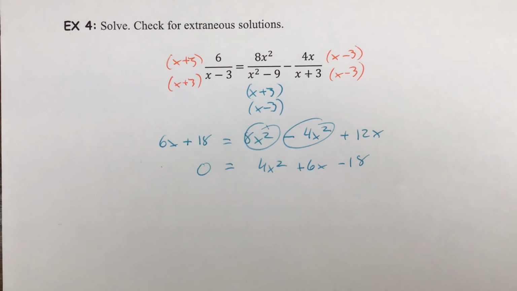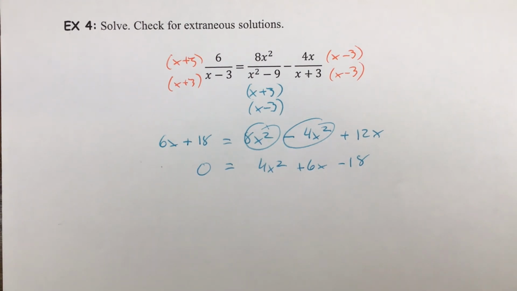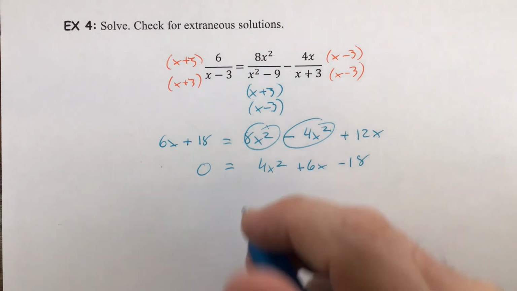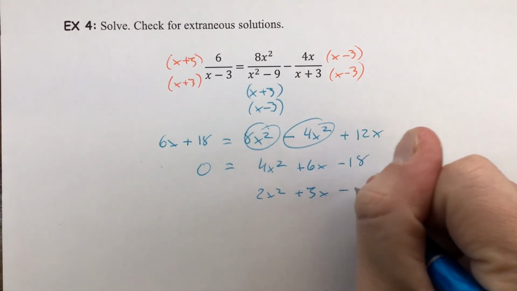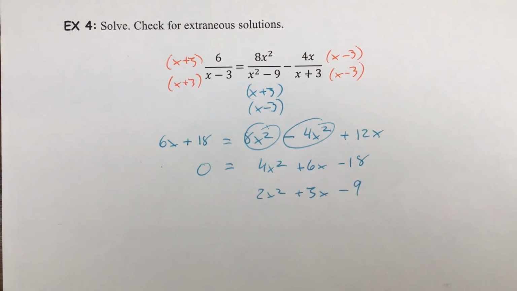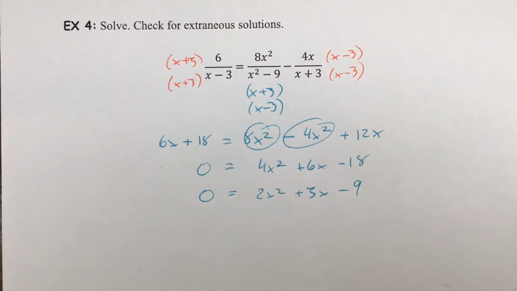It looks like we have a factoring by parts problem. However, before we do that, notice that all of these are even numbers. So we can actually divide a 2 out. We get 2x squared plus 3x minus 9. And even 0 divided by 2 just comes back as 0. So we're dividing everything by 2. It'll just end up giving you some smaller numbers.